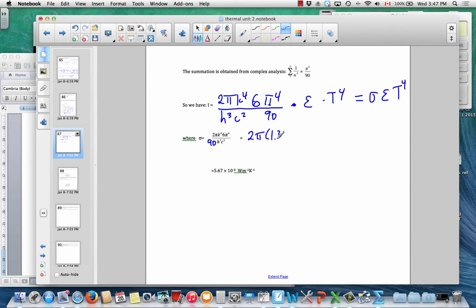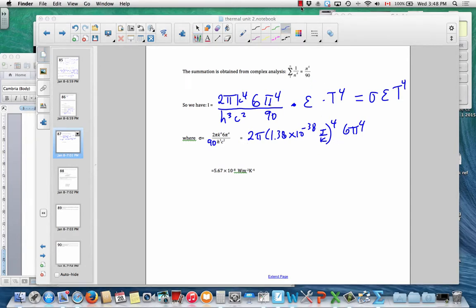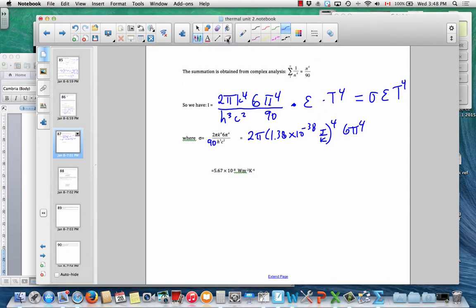So k is Boltzmann's constant, 1.38 times 10 to the minus 38 joules per Kelvin to the 4th power. Then we have 6 pi to the 4. What are you doing? That's not right. Where did that come from?